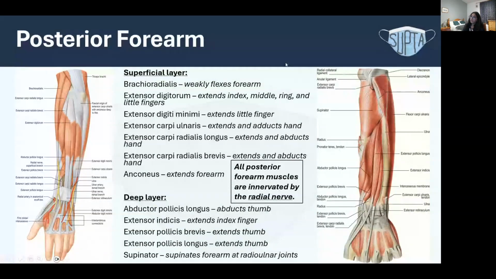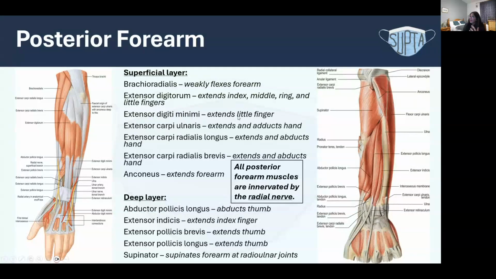Posterior forearm. Again, it has a superficial layer and a deep layer. Brachioradialis is a muscle that weakly flexes the forearm. We know muscles are involved in forearm flexion, but most of the posterior forearm muscles are extensors. So this one's a bit of an odd one here, but as I said, anatomy has its exceptions.